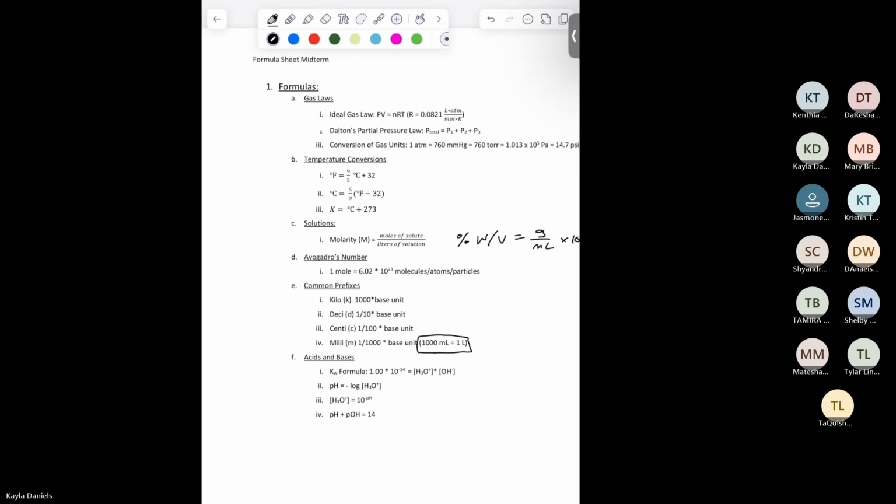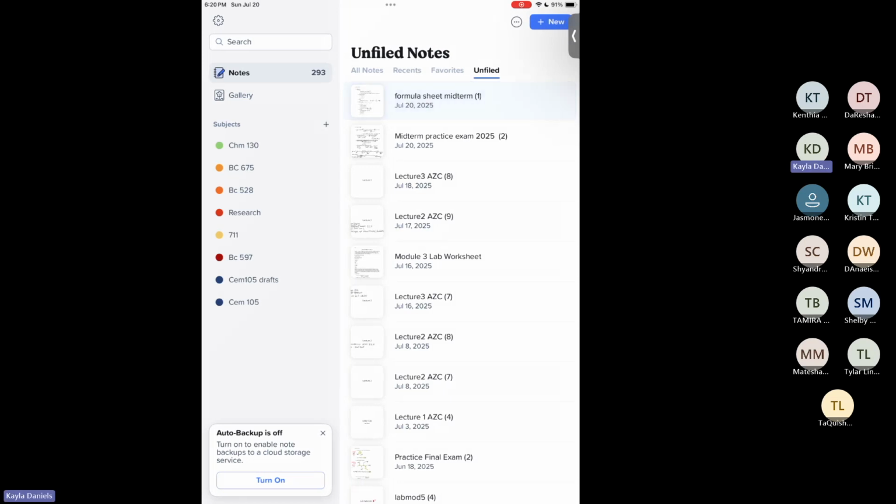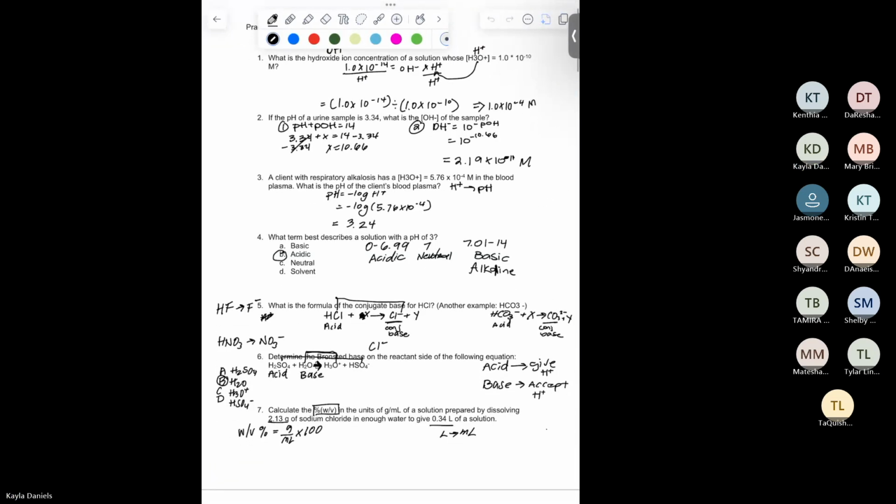Okay, so we'll set it up like all of our other problems here. We want liters on the bottom so they cancel, milliliters on top. 1,000 milliliters equals 1 liter.